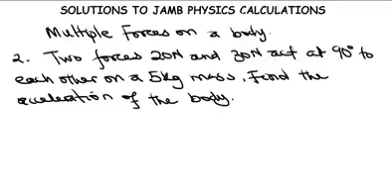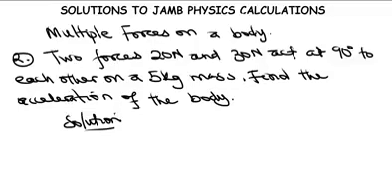And question number 2 says, two forces, 20 Newton and 30 Newton, act at 90 degrees to each other on a 5 kilogram mass. Find the acceleration of the body. Now, let's see how we are going to solve this.